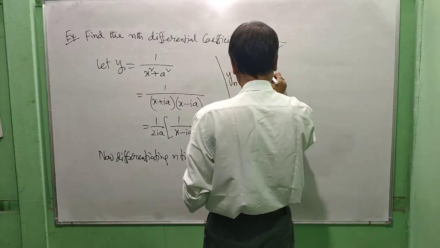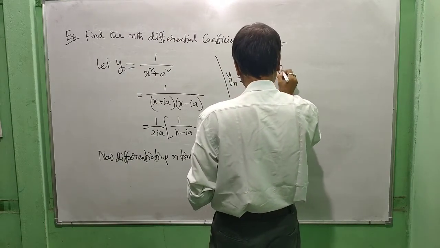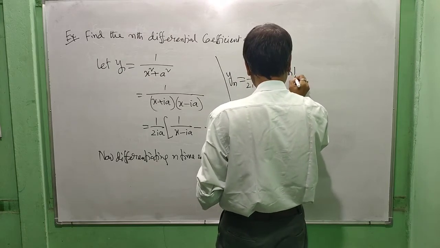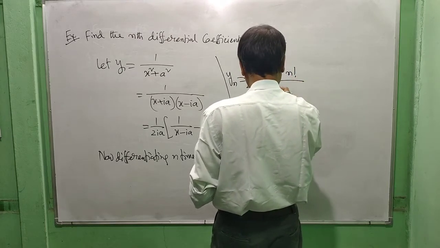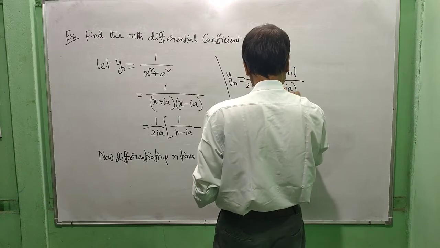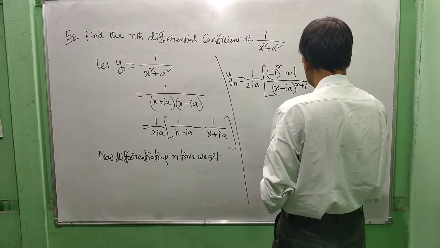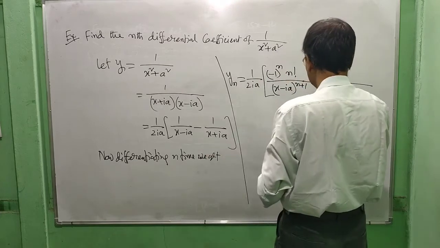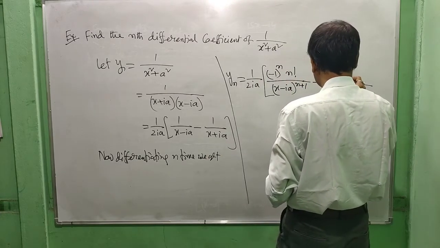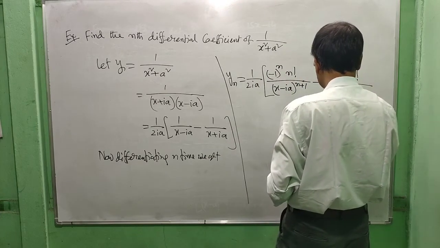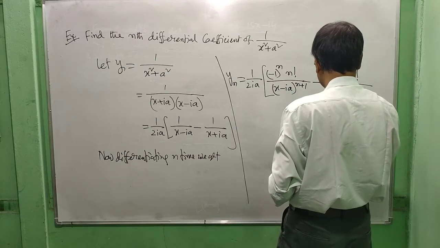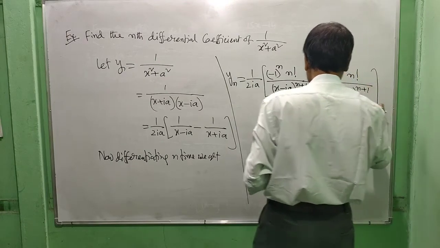Here you will get minus 1 whole to the power n factorial n divided by x minus ia whole to the power n plus 1, minus minus 1 whole to the power n factorial n divided by x plus ia whole to the power n plus 1.